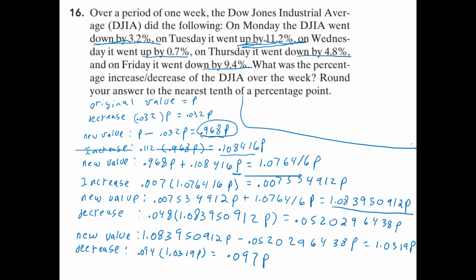This is a decrease. So your new price is going to be the 1.0319P, and we're going to subtract 0.097P. So 1.0319 minus 0.097 is 0.9349P.